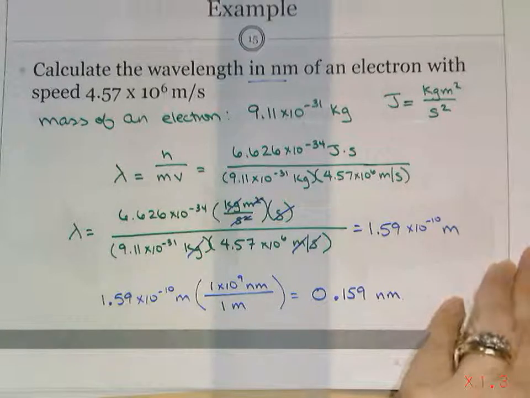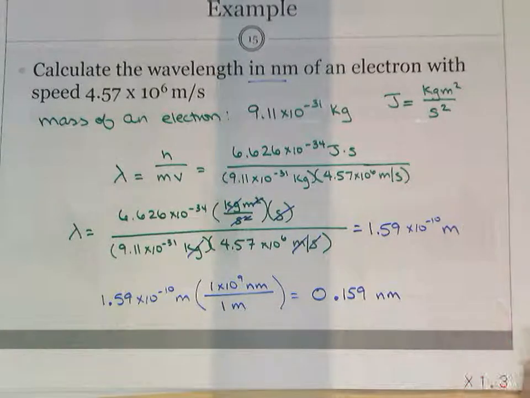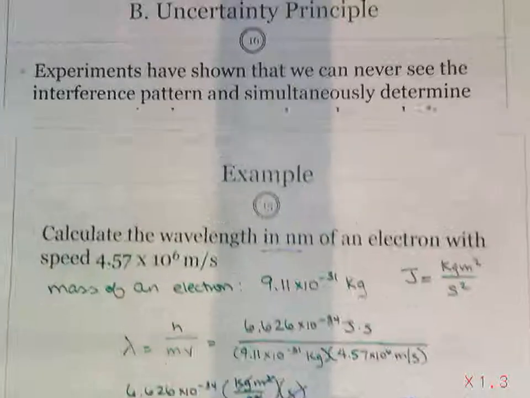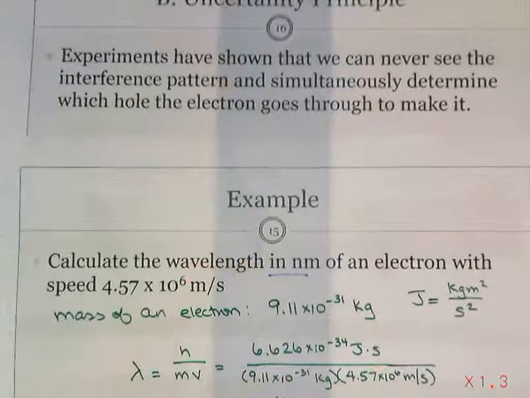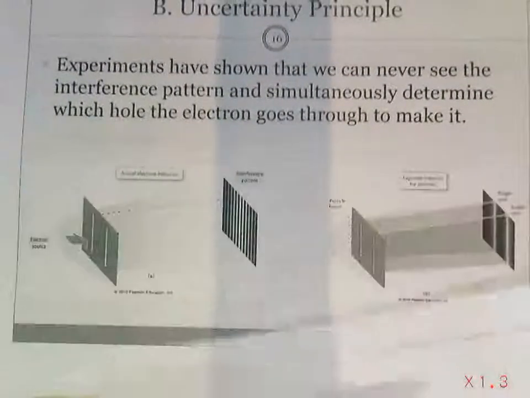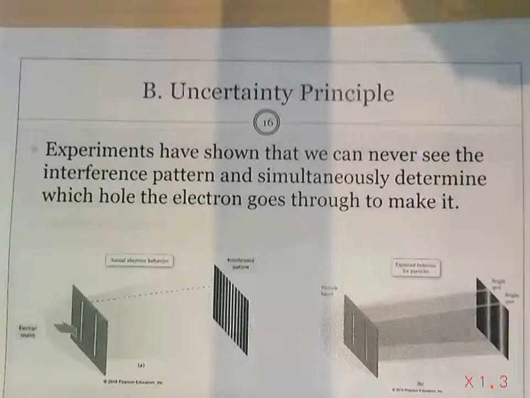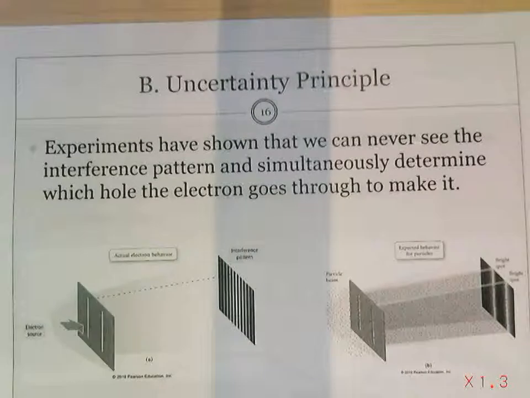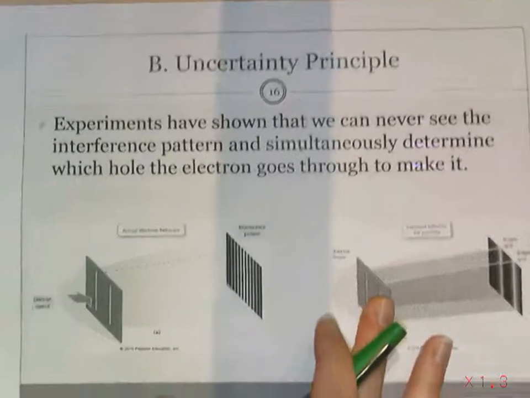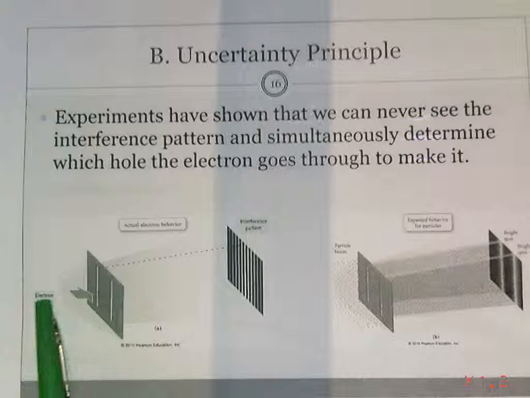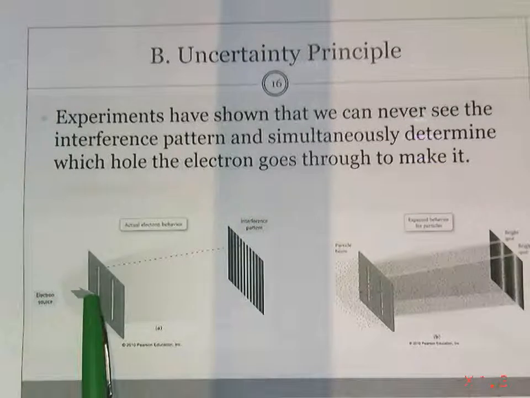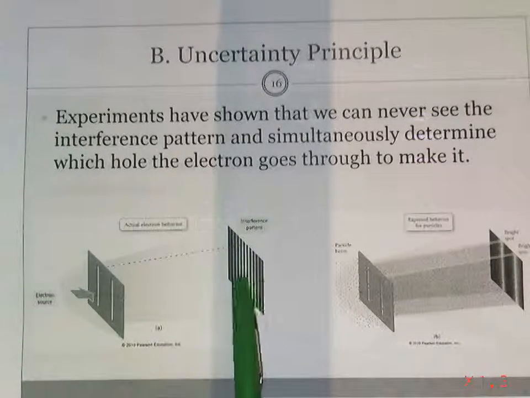So let's talk about this uncertainty. So that's the de Broglie wavelength. The second thing is this uncertainty principle. The uncertainty principle says that we can never see an interference pattern and simultaneously determine which hole the electron goes through to make it. If this is my beam of electrons, it's going to make the interference pattern like we saw on Tuesday, where there's distinct light and dark lines.